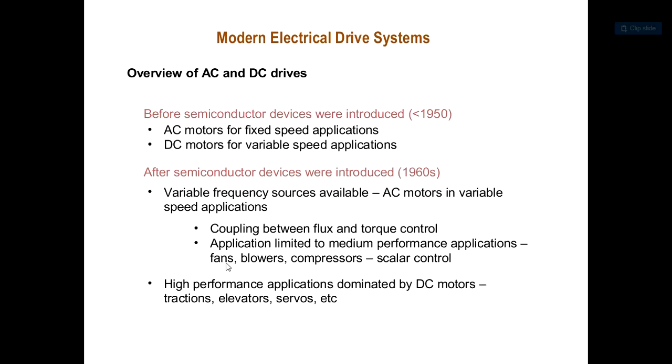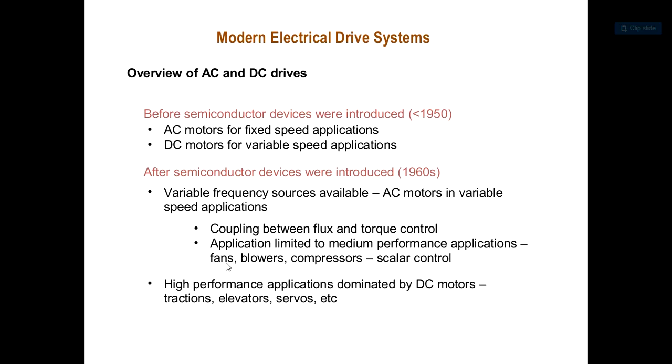Now let's begin with state of art, or the history of DC and AC drives. Before semiconductor devices were introduced, before the 1950s, AC motors were used only for fixed speed applications, and DC motors were used for variable speed applications by using that very bulky assembly which we learned in the previous 2 to 3 slides.